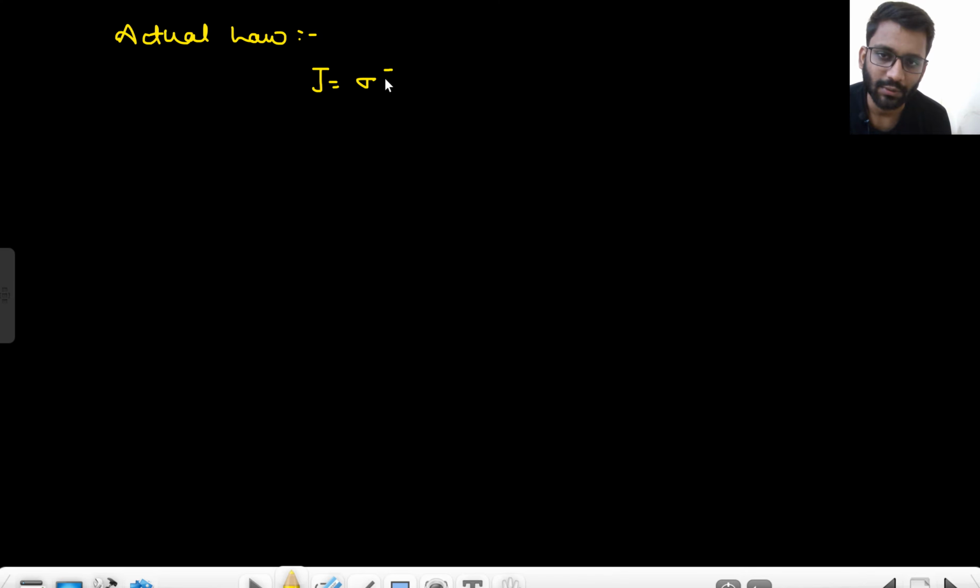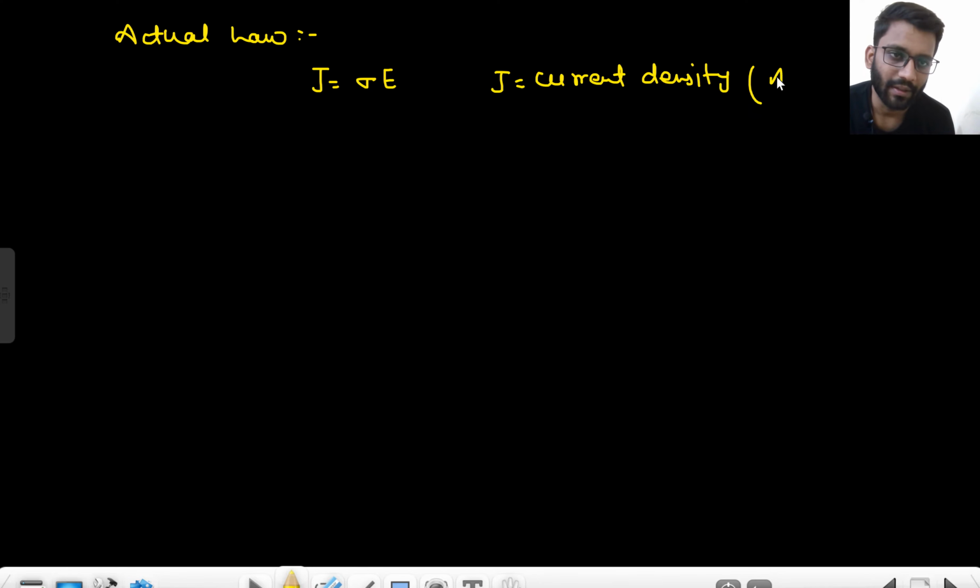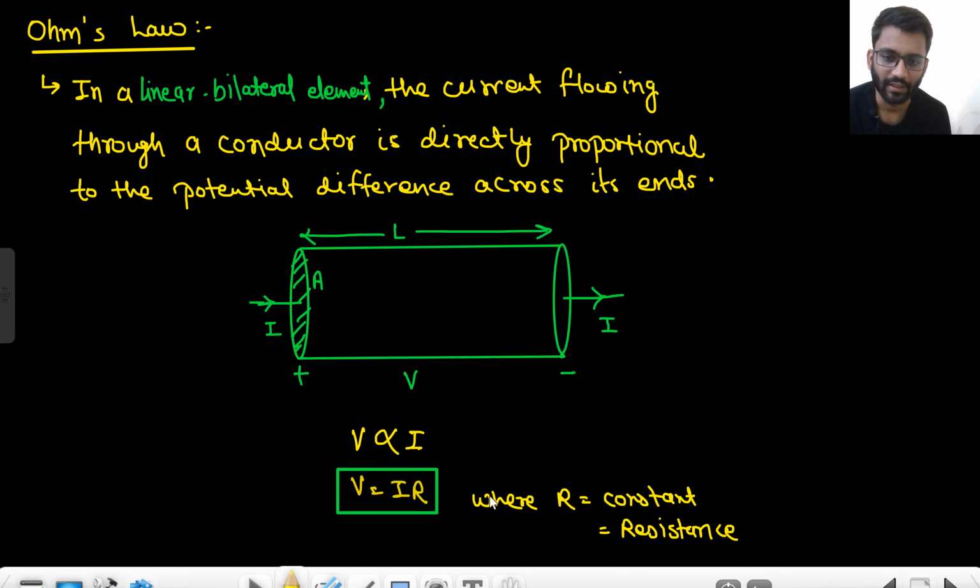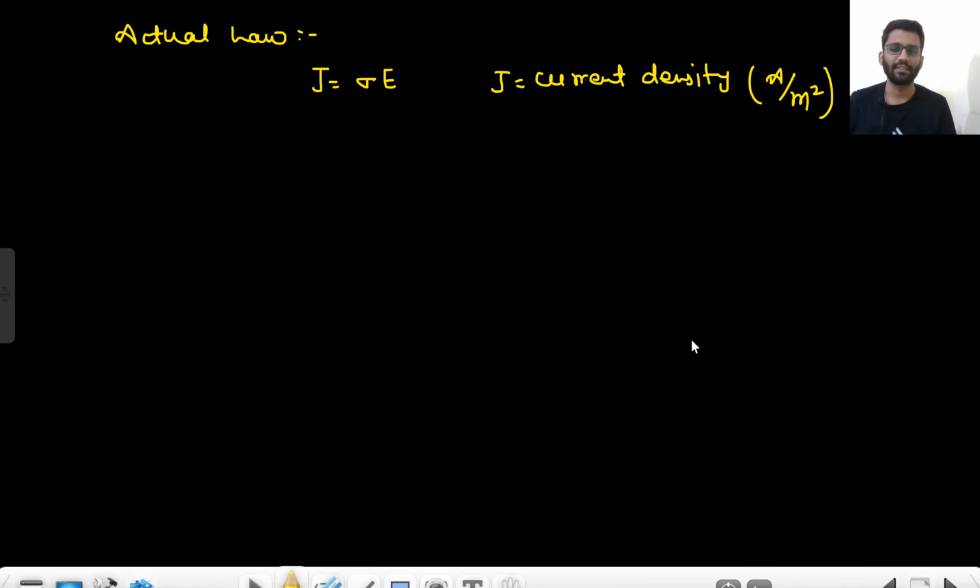J equals sigma E, where J is current density, in ampere per meter square. Here as well I need to write the unit of resistance, the sign is ohm. We will study resistance later on.